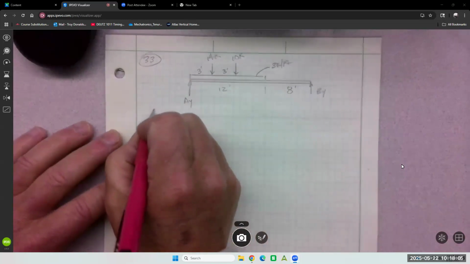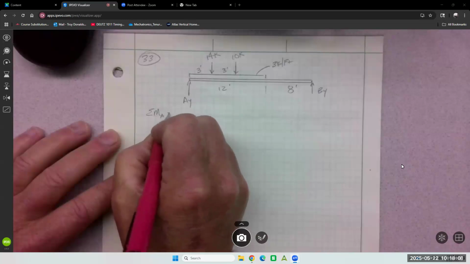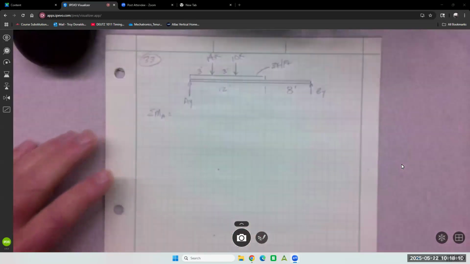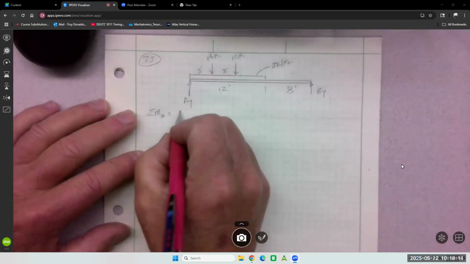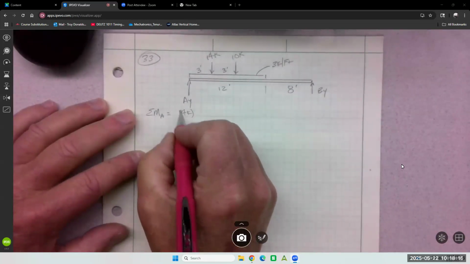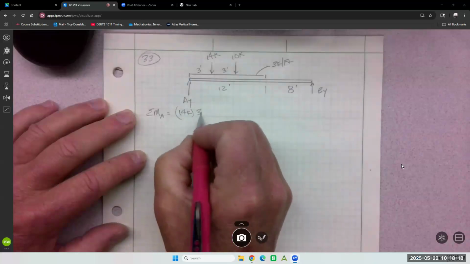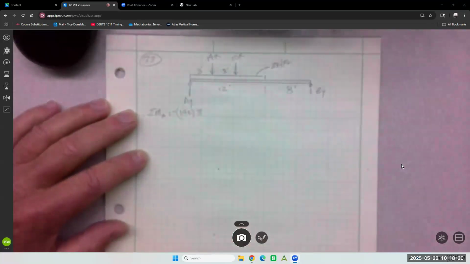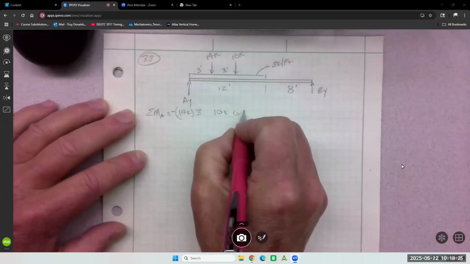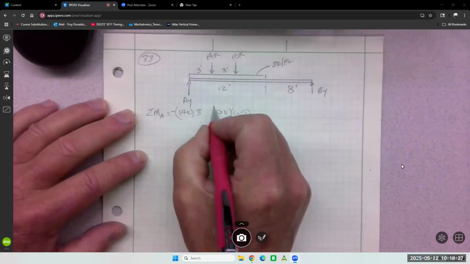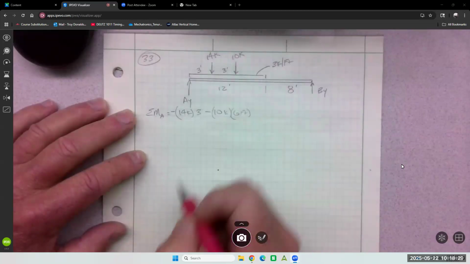So I'd start with doing a moment about A to get By. It's going to be 14 times 3, and that's negative 10 times 6. It's negative, that's this one.